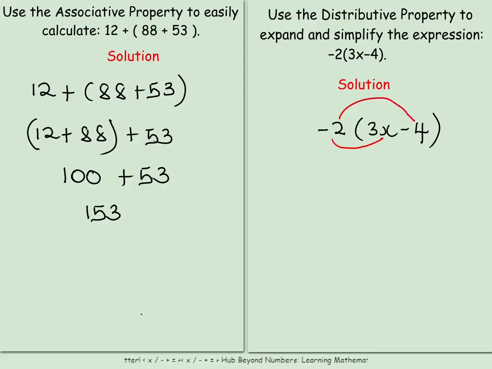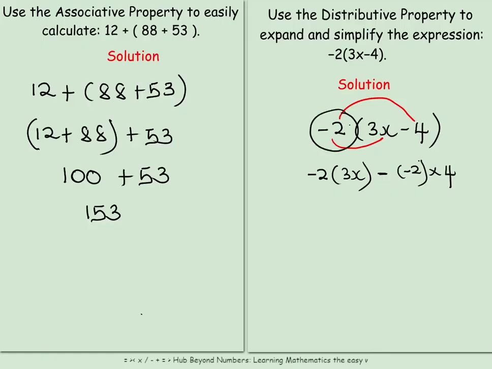So doing our distribution, we would now have a negative 2 multiplying a 3x. Then, not forgetting our symbol, we have minus, then once again, a negative 2 multiplying a 4.